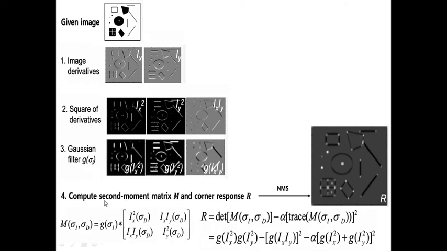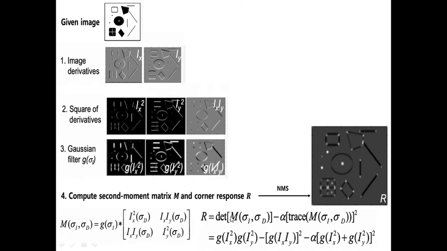Then compute the second moment matrix M and corner response R. M is the second moment matrix, obtained by convolving this matrix with a Gaussian filter, giving g of Ix squared, g of Iy squared, and g of IxIy.